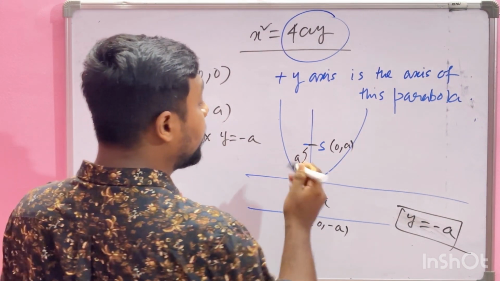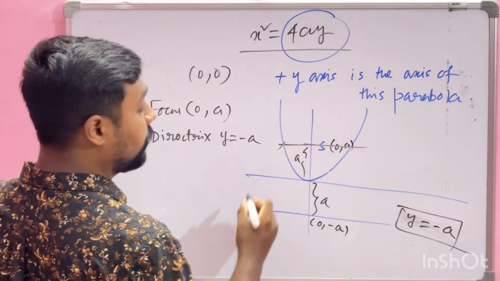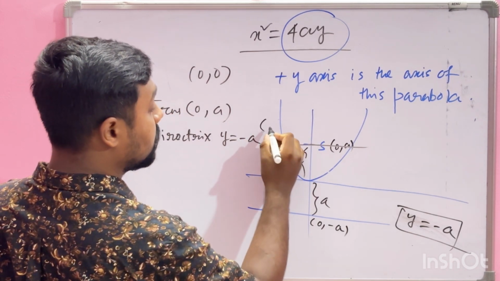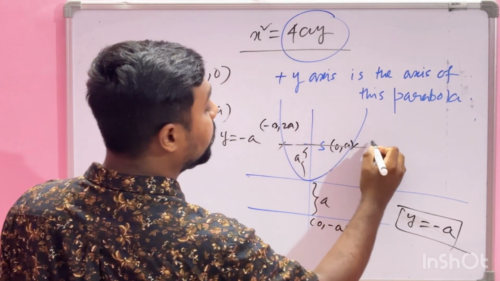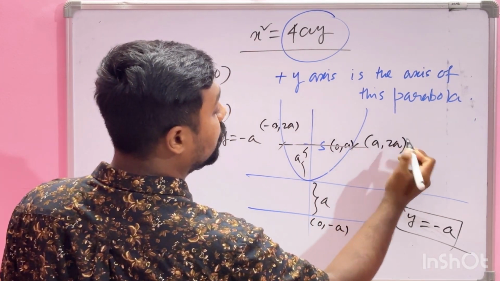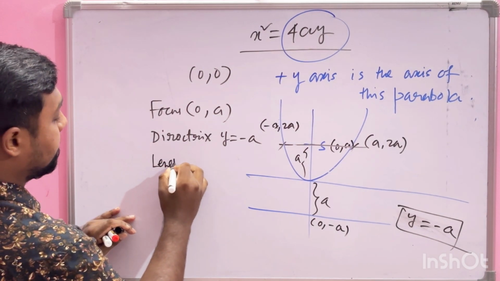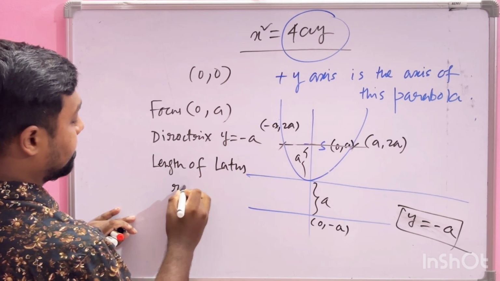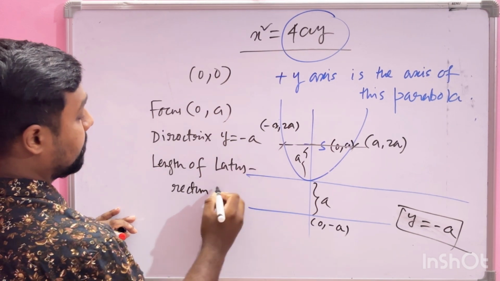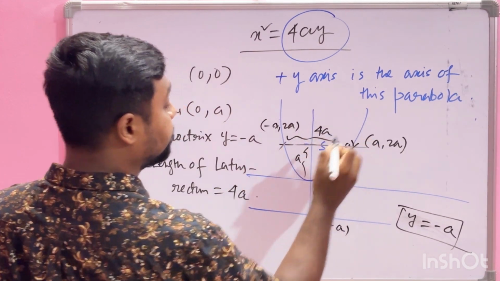Now what will be the extremities? The first one will be (minus a, 2a), and second one will be (a, 2a), and the length of the latus rectum is 4a.